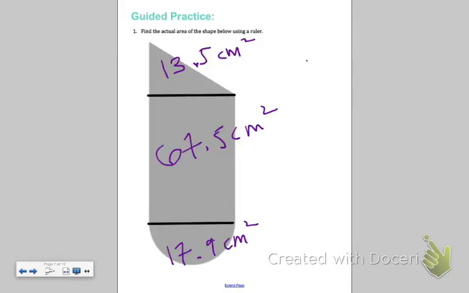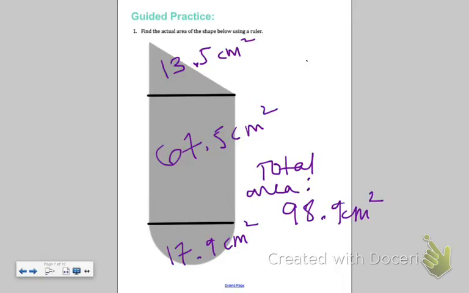So if we take the sum of these three shapes, it gives us a total area, and please be sure to write total area since we're going to have a whole bunch of numbers over here. You should make sure that your answer is easily identifiable. If we add these three shapes up, we get a total area of 98.9 centimeters squared. So that is the total area of this composite shape.